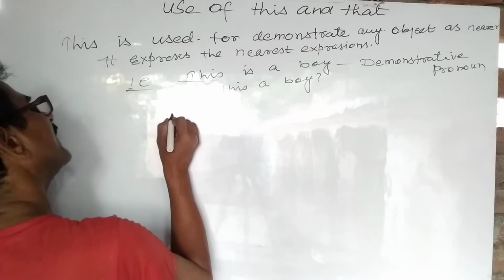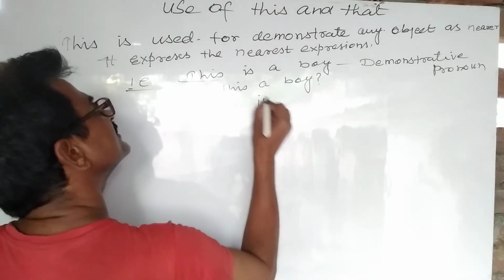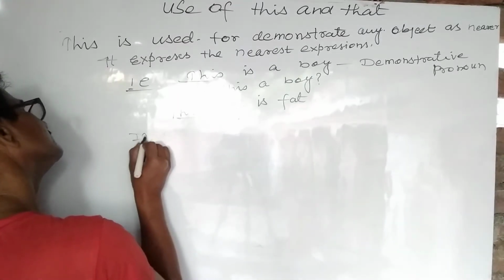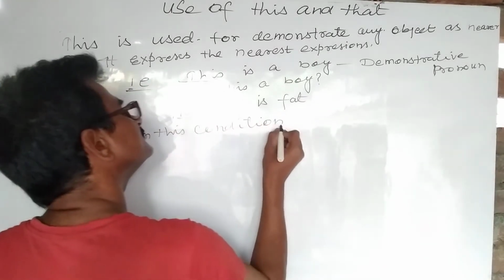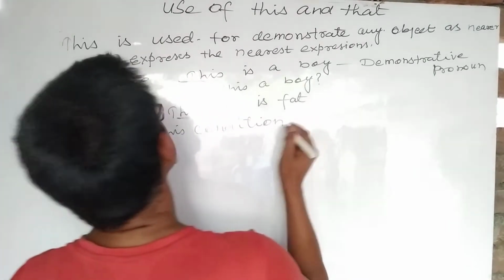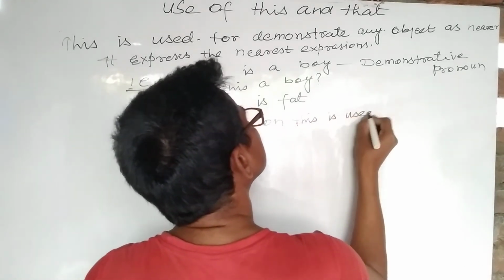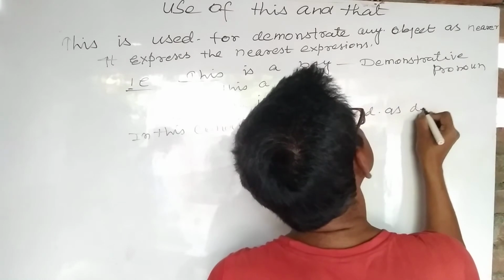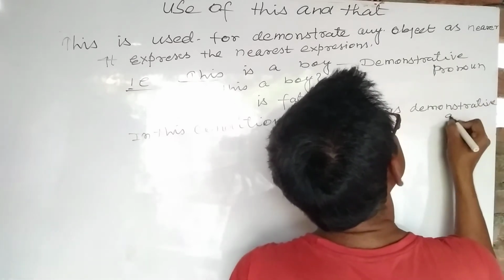But if you write here, this boy is fat, in this condition this is used as a demonstrative adjective.